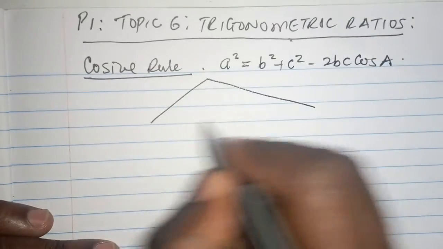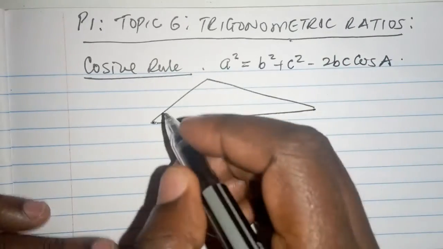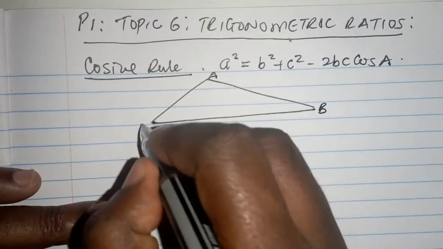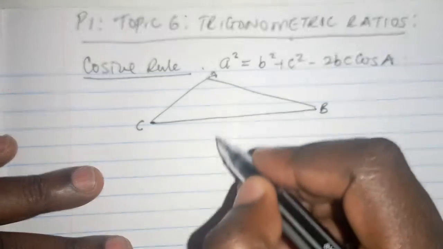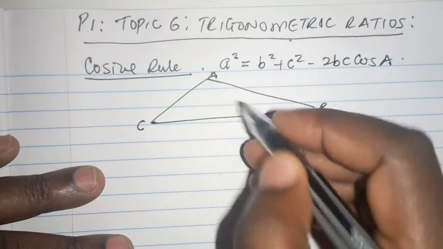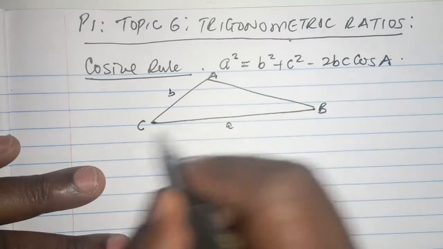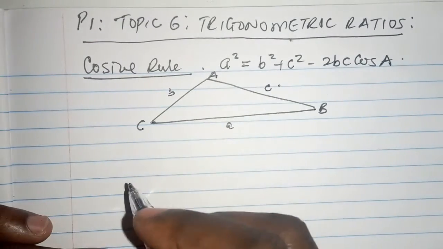If you have a triangle with vertices A, B and C, the side opposite a certain vertex is the small letter: side a, side b, and side c.